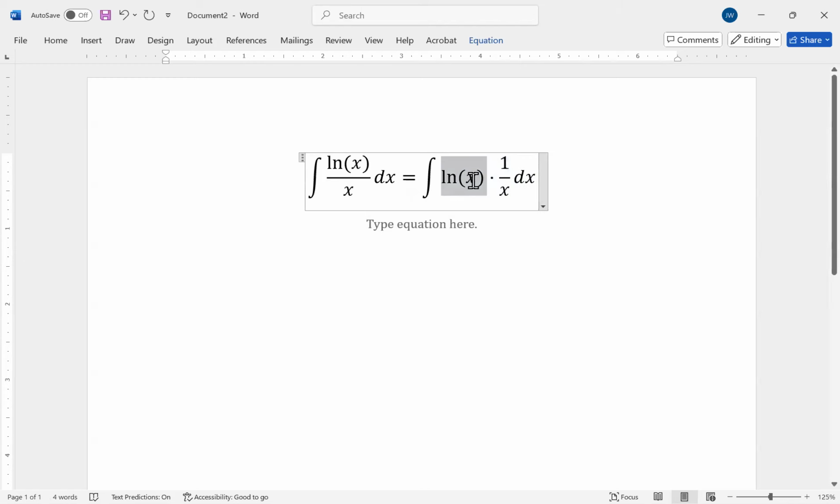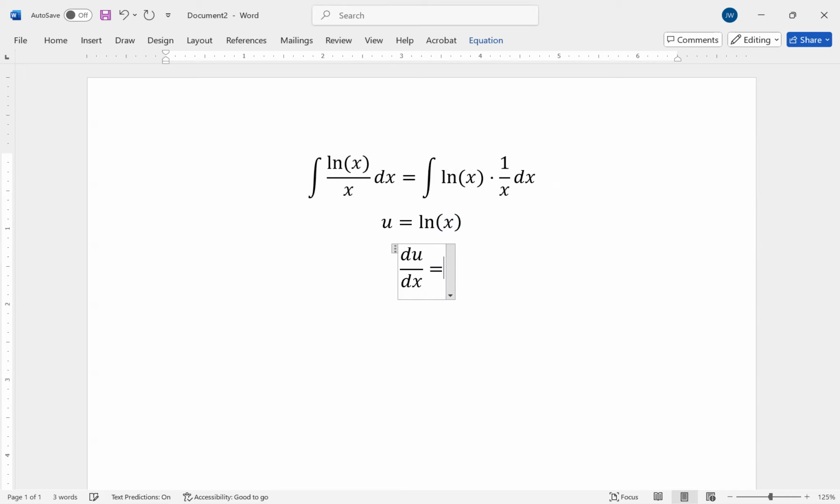Natural log has a derivative that is 1 over x. So in this case, it'll work out really nicely if I let u be equal to the natural log of x. Again, I'm using parentheses there. That is because when I take the derivative with respect to x, I'm going to get 1 over x. And so I can do a nice differential exchange where I exchange 1 over x times dx for my du.